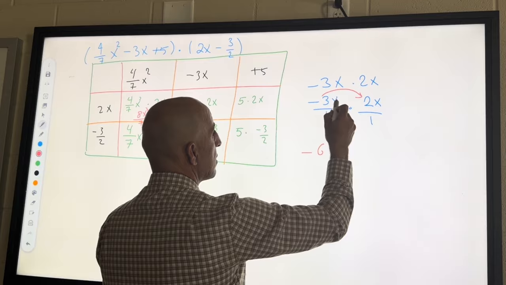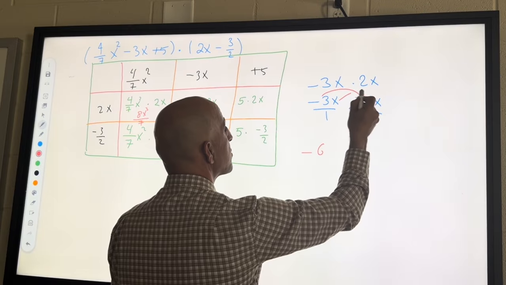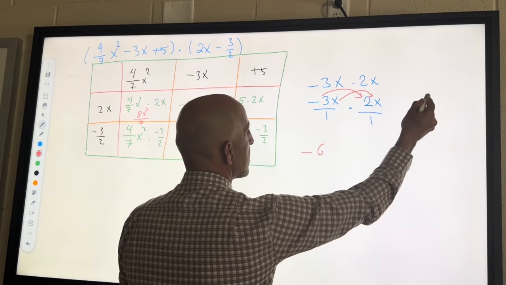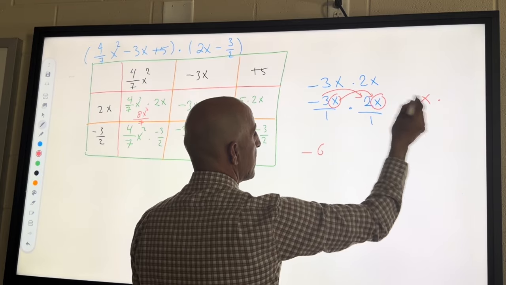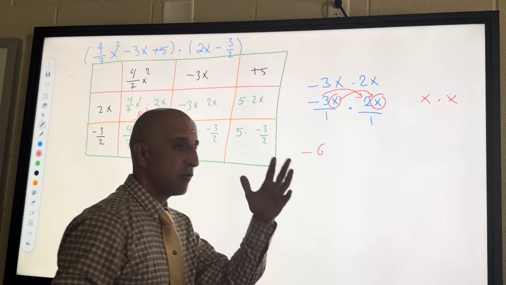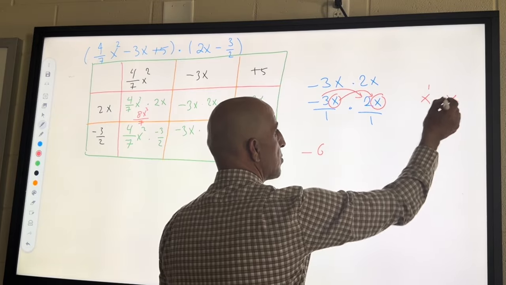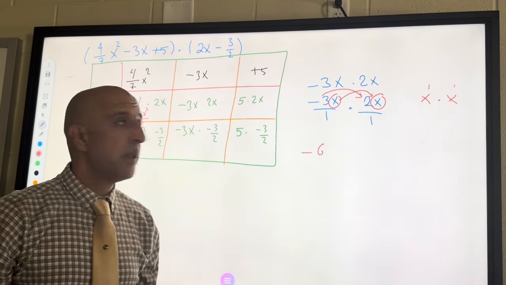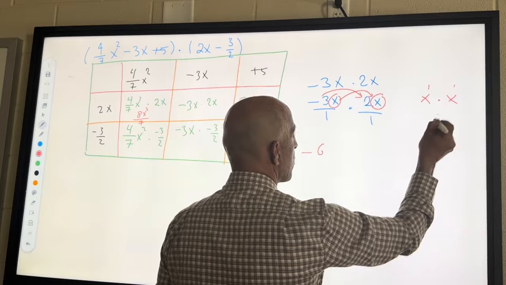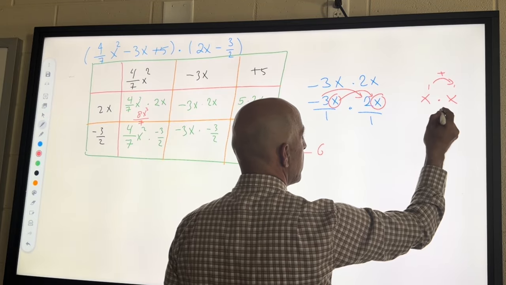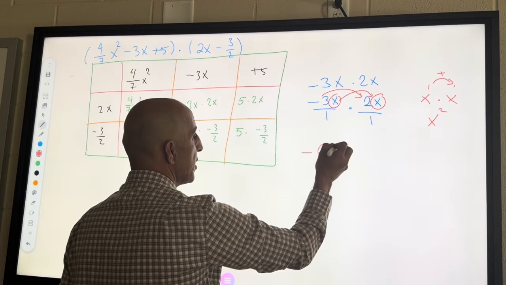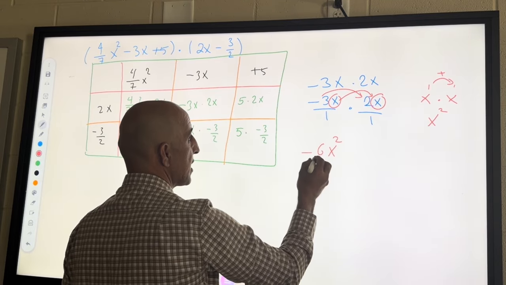The second thing, we can use the exponent rule. Like we have x, this x, and then we multiply it by the second x. If you have no exponent, the exponent is 1, and the exponent here is 1. So the answer will be x. Then we add the exponent, so 1 plus 1 equal 2. So the answer will be negative 6x to the power 2.